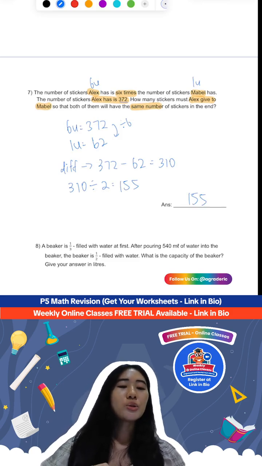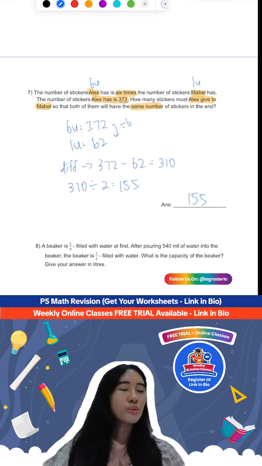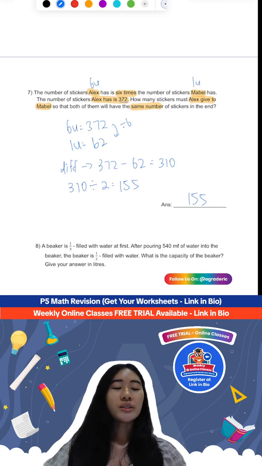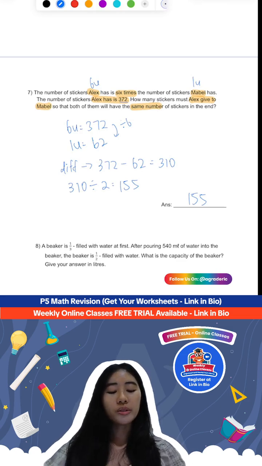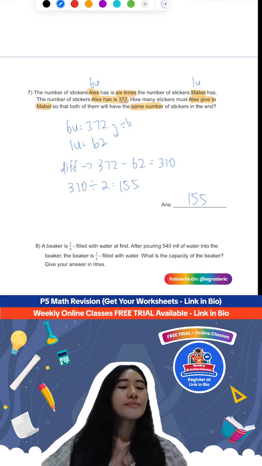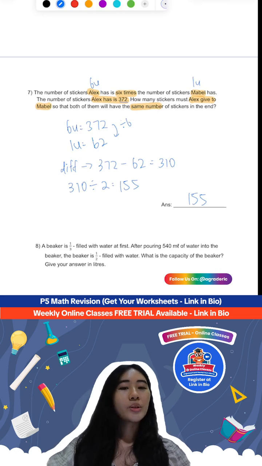Okay, so some of you ask, can you use algebra to solve this? Well, you can, but I would say it's not necessary. Units is fine. Or even if you don't want to use units, just a normal calculation is good enough. This is technically not an algebra question.